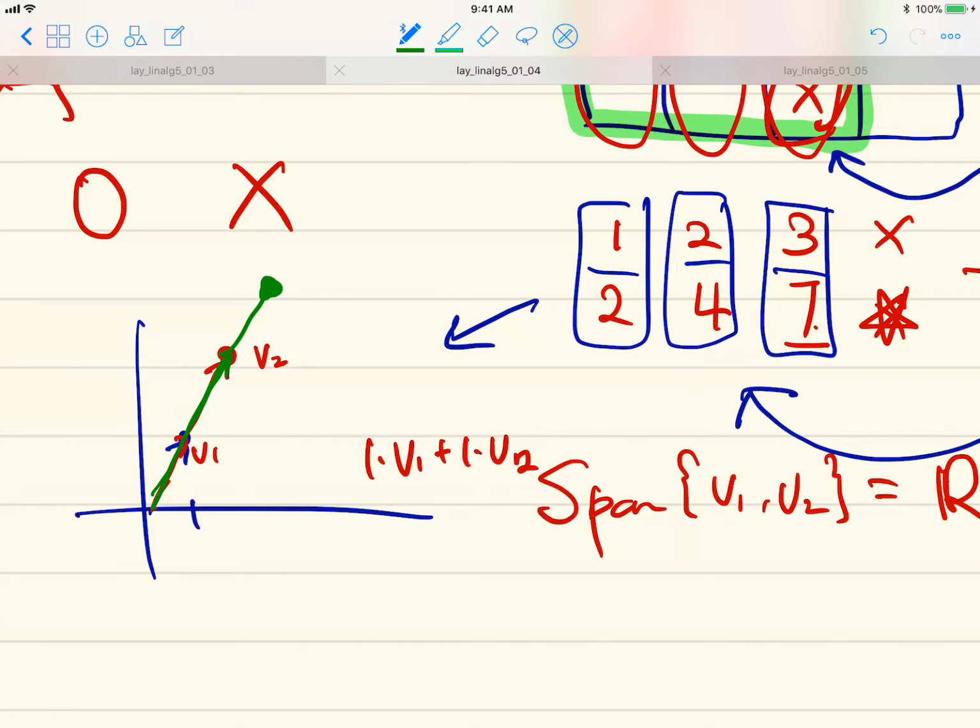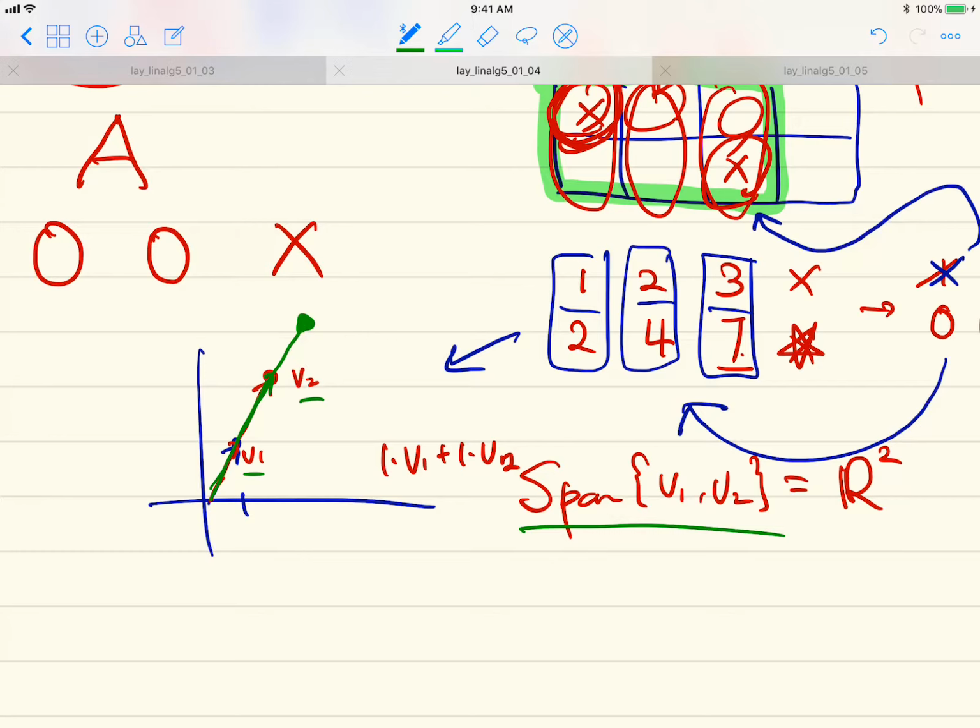So this still remains along this line that has the same direction as v1 and v2, right? So in this case, the span over v1 and v2 will still be a thin line which doesn't span the entire two-dimensional space.